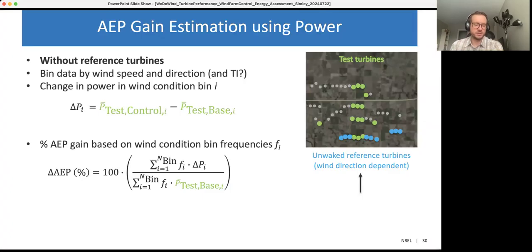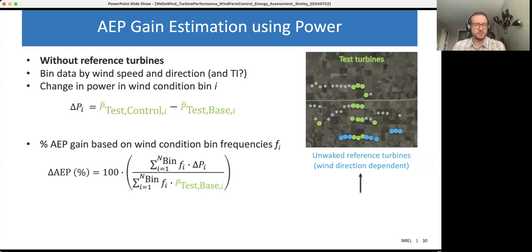But this TNO method considers the case where all the turbines in the wind farm are actively implementing wind farm control. So we wouldn't have any reference turbines that we can use as our reference power because they'd all be operating with yaw misalignment to steer their wakes.